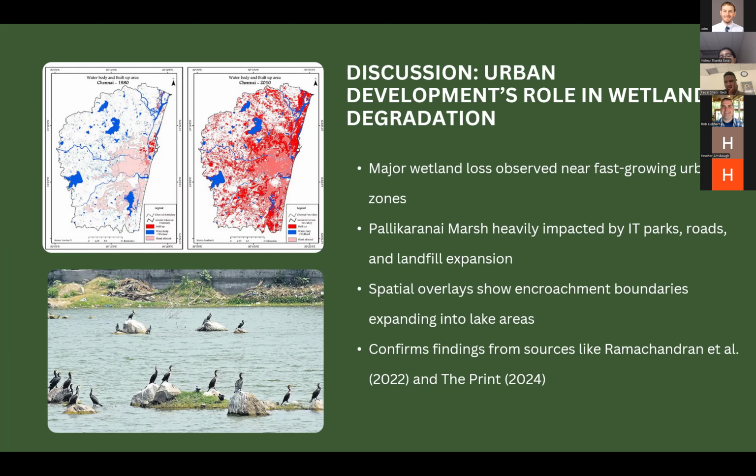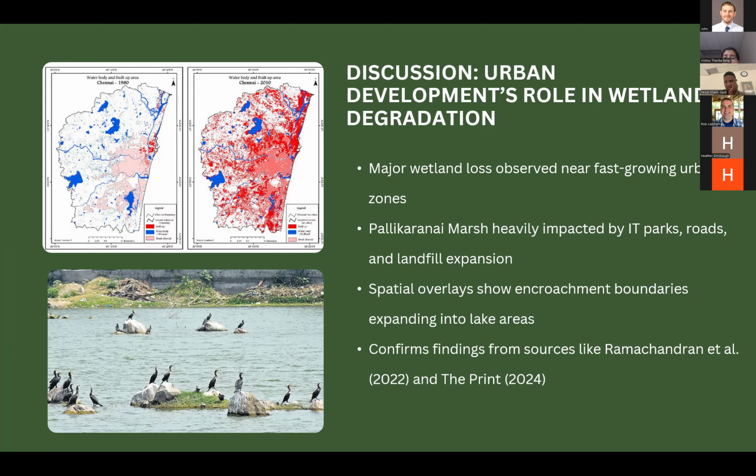While I was delineating Pallikaranai Marsh, I actually saw a road built in between the marshland. I am from Chennai, so I've also seen that. I've been on that road, and I can see the wetlands on both sides while I'm on a road in between. So these are some of the reasons why these important wetlands are degrading.